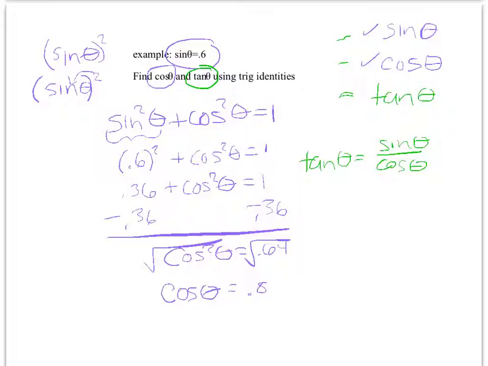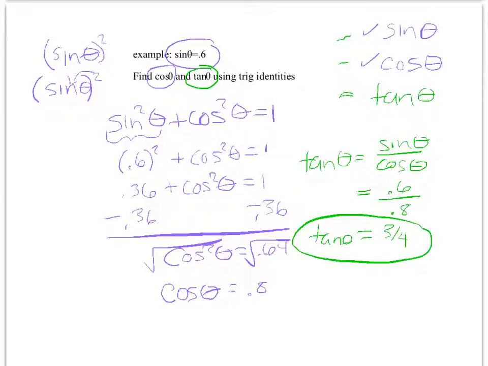And so we replace sine with what it equals, 0.6, and I replace cosine with what it equals, 0.8, and that reduces to 3/4. So tangent of theta equals 3/4. So that's one thing that you could have to do in a problem: you're given some kind of information, and you're supposed to find other trig functions using the identities.